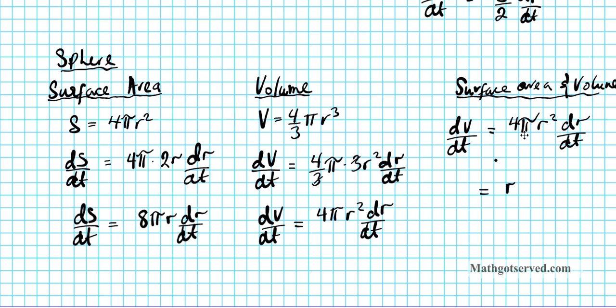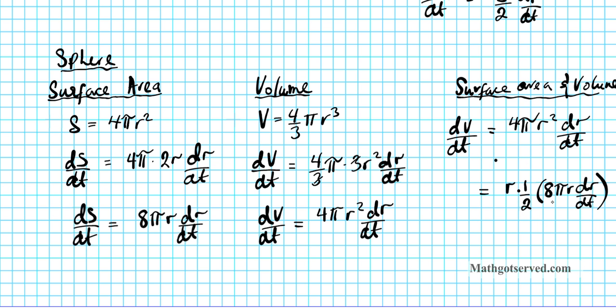Now how do you get 8 from 4? If you take half of 8, you get 4, right? So if I put a 1/2 here, 1/2 times 8 pi r dr/dt, this expression I just derived is the same as that, because r times r is r squared, and then half of 8 is equal to 4.